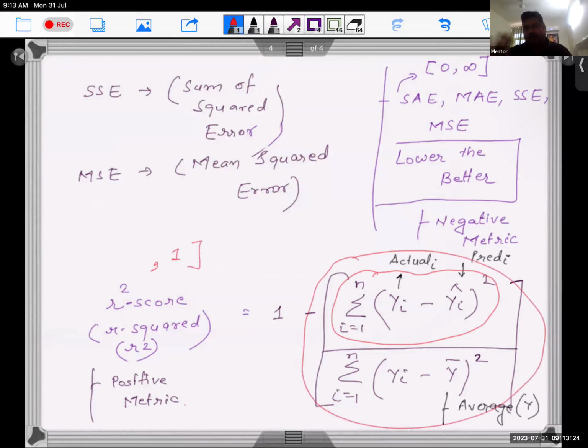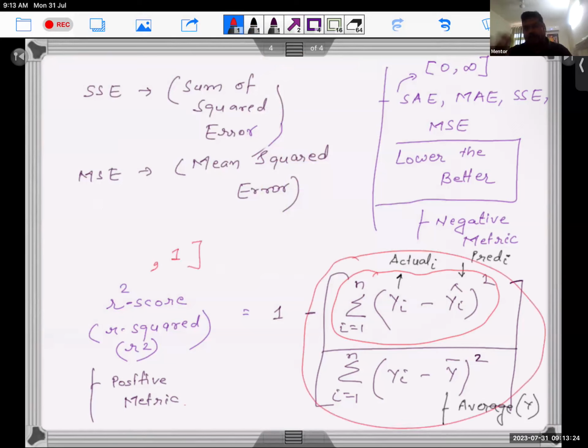Now think of what you can do to these values, 10 and 20, so that it becomes higher the better. Currently it is lower the better, right? Yes or no?